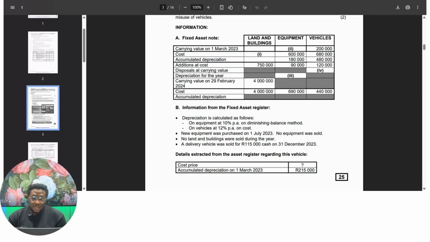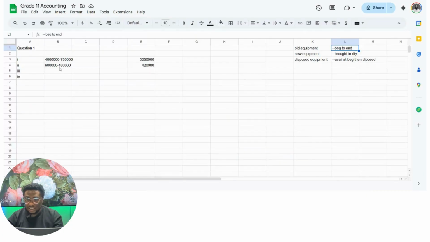Then we work out 10% of that, and then we apportion, but in this case it's 12 over 12 months. So let's put that into action: 420,000 multiplied by 10% and then multiplied by 12 over 12.